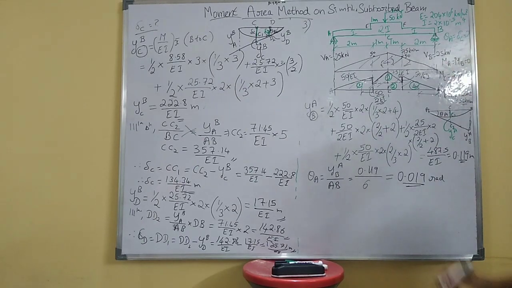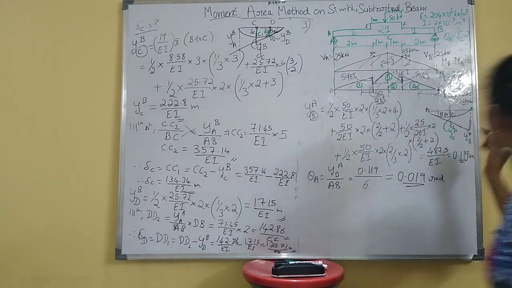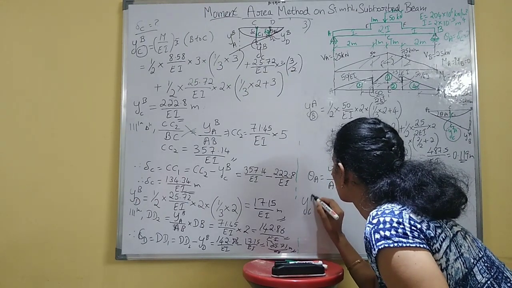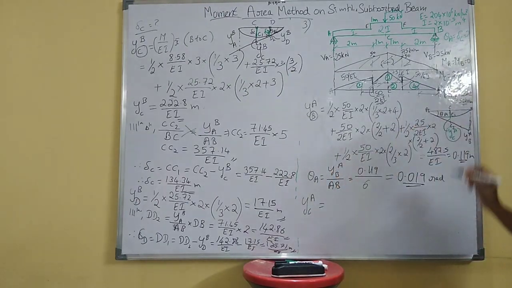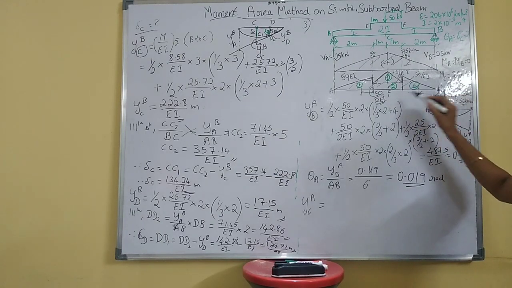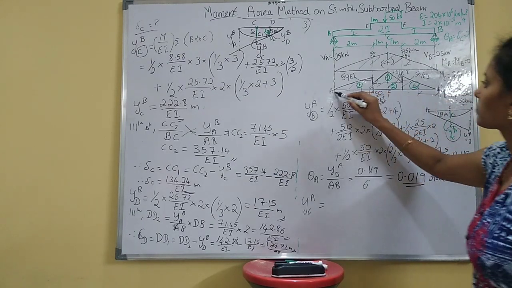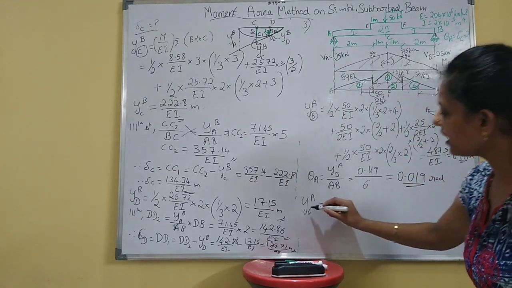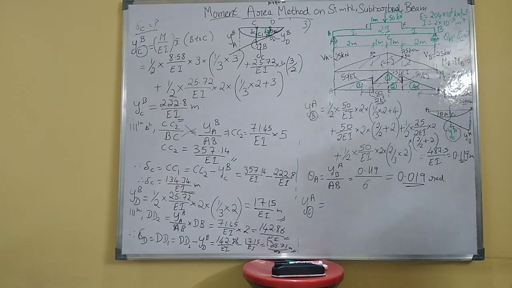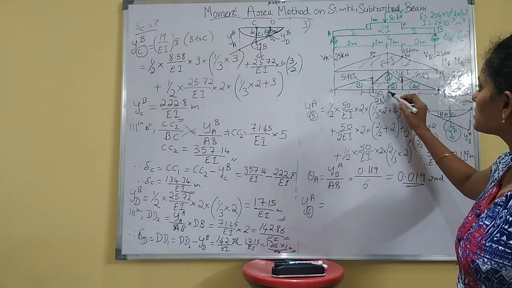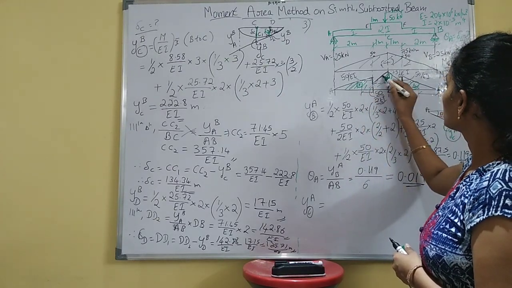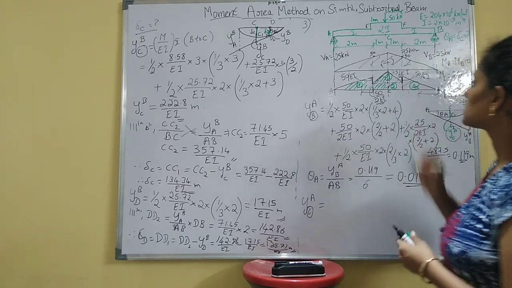Next, to find delta C, first find YCA, that is region C to A. You have to consider C to A with respect to C. Which regions do you have? 1, 2 and 3, only this part.